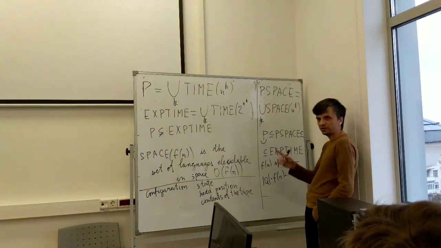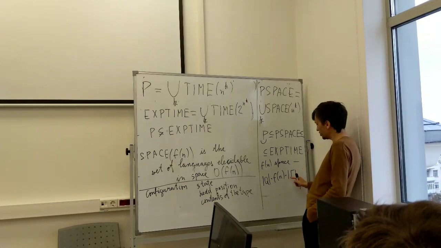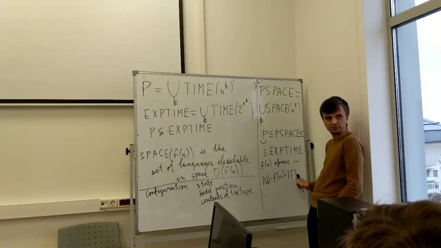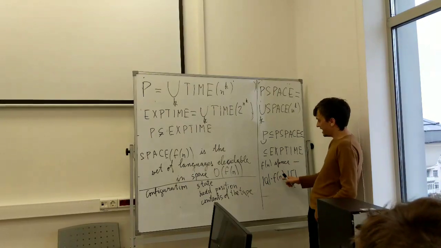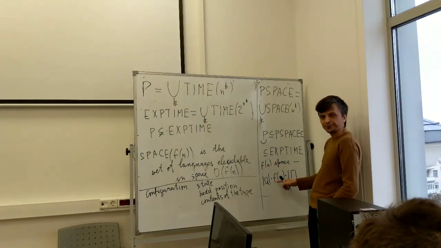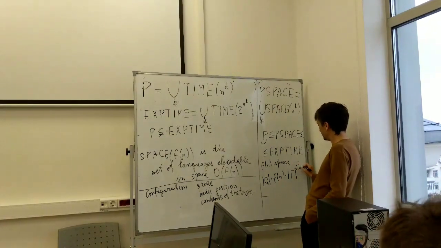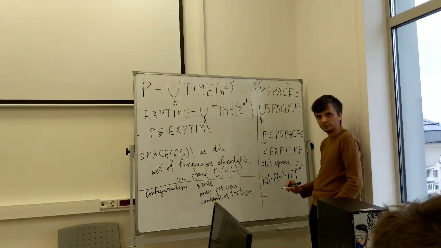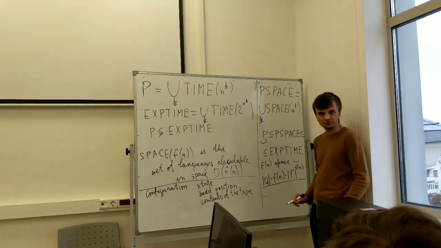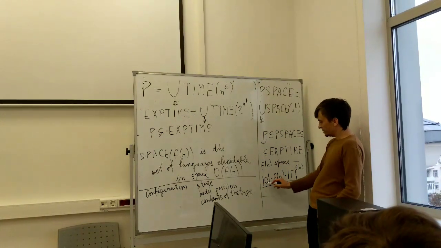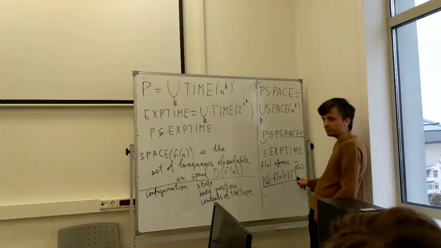In each cell of the tape, we may have any of the gamma symbols. And because we have f of n cells, we have gamma to f of n. So this is the maximum number of configurations. But Q is a constant, so we can ignore it, and gamma is also a constant.